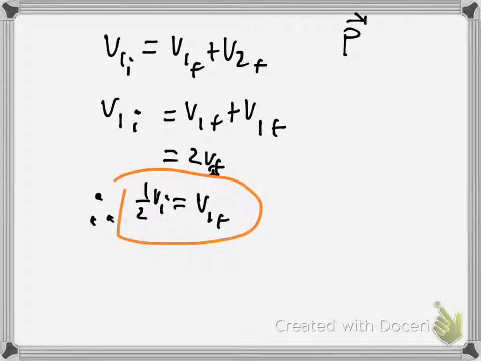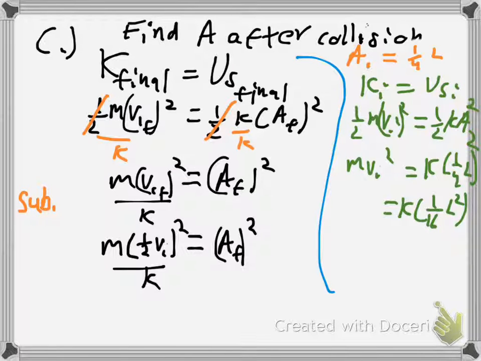Part C asks about the period of oscillation. Sorry, part C asks about the amplitude, my bad. What we need to do is consider the final kinetic energy, and that's going to be equal to the final elastic potential energy, which will tell us about the final amplitude.